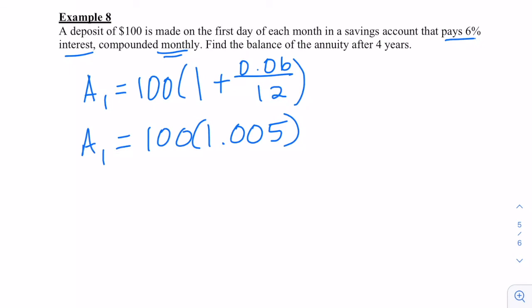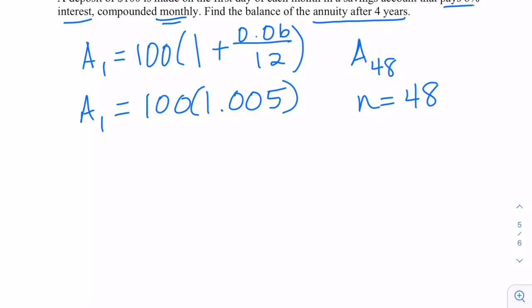And then we want to find the balance after 4 years. So that's really going to be 48 months, right? So we want to find when n equals 48. So we know our r is going to be 1.005, and our a sub 1 is going to be that product.